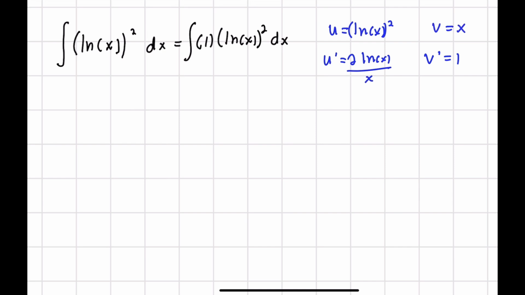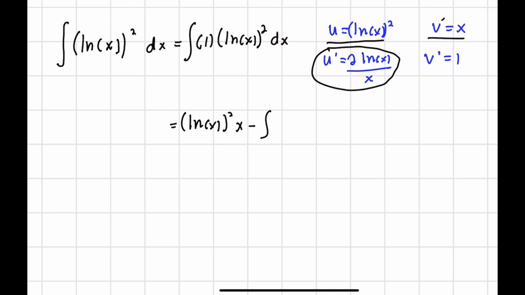So now let's apply our integration by parts formula. So you have u times v. So we have ln x to the power of 2 times x minus the integral of u prime times v. So we have 2 ln x over x times x.